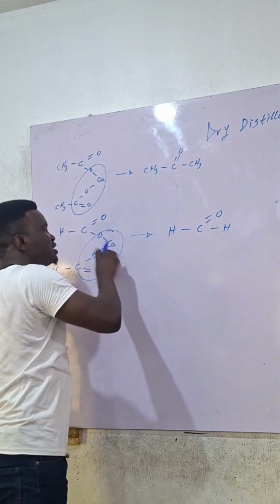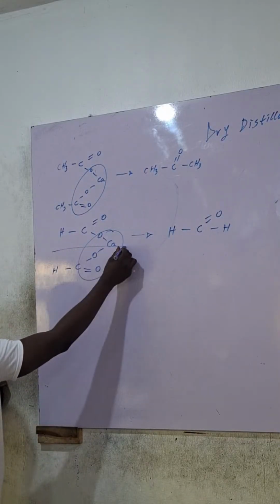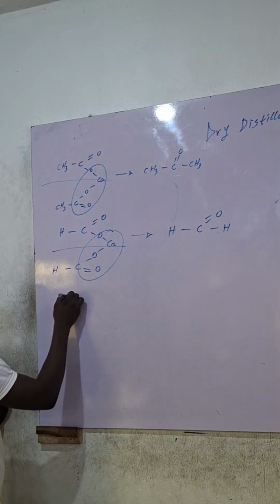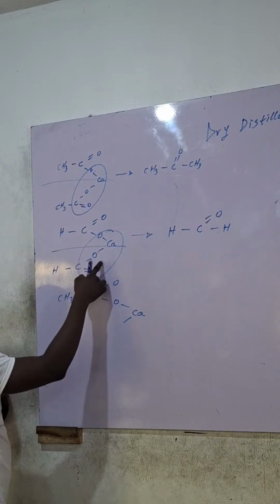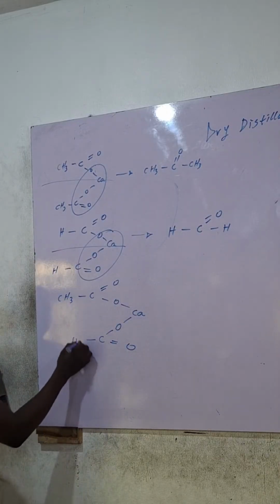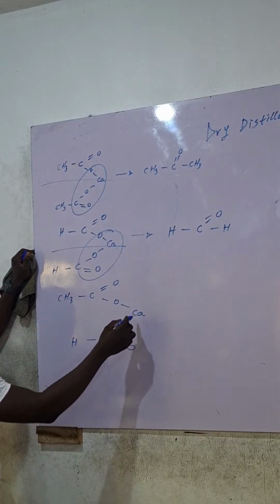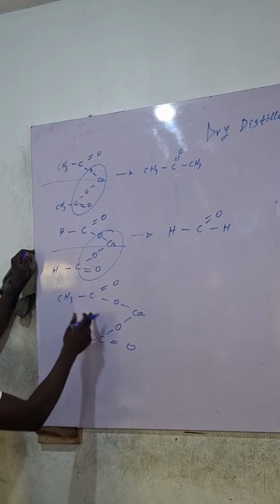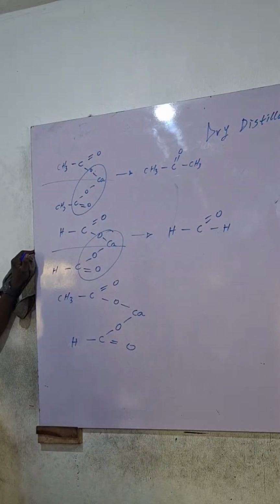So now you will mix this and this, meaning you take one side of this one and one side of this one and join them together. So you're going to have CH3, CO, O, Ca, then join it either way to O, C, O, H. Is that okay? If you remove this CaCO3, you will get ethanal.